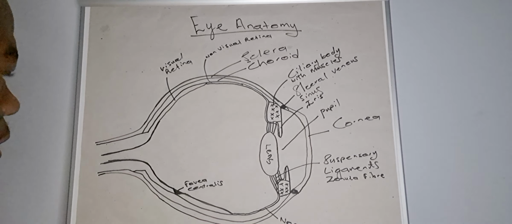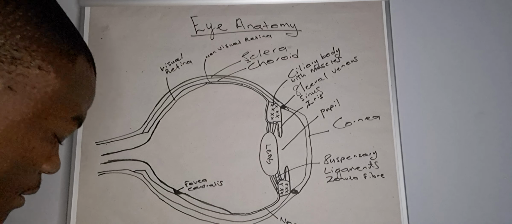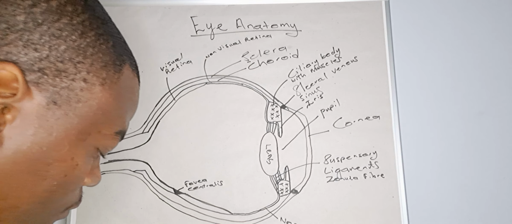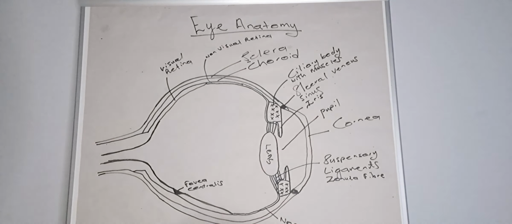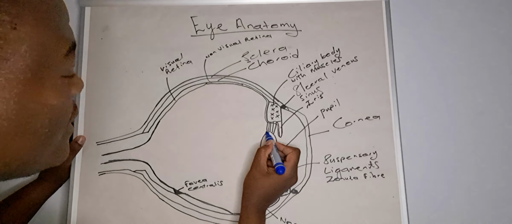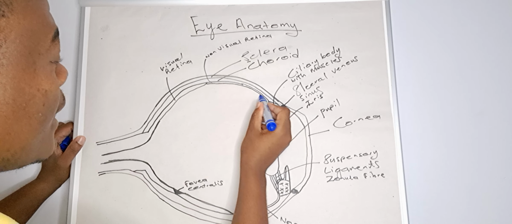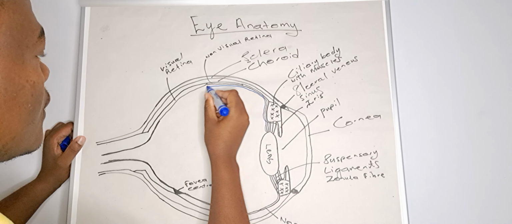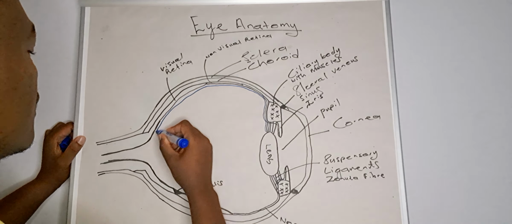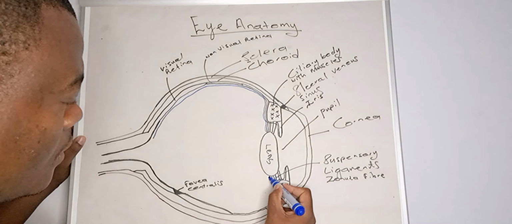Let me just color this a bit. We do have a chamber that is covering the entire area here of the eye. Large chamber.